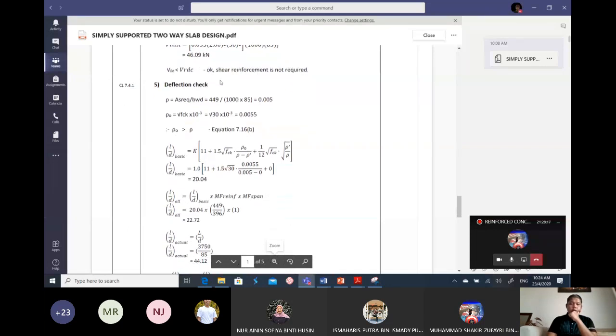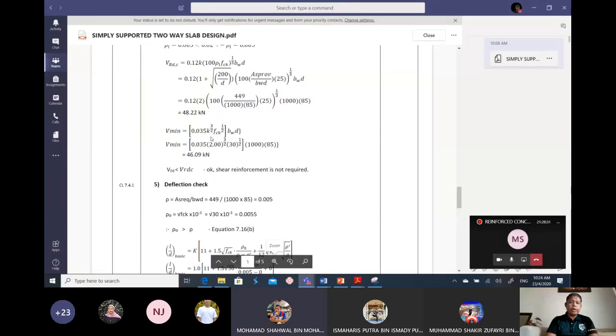Yes, for simply supported one way slab design shear, before this we compare VED with Vmin. Yes, we have to compare VED with Vmin first. We have to calculate VRDC and also Vmin, and see which one is the bigger value. Then we compare with VED.